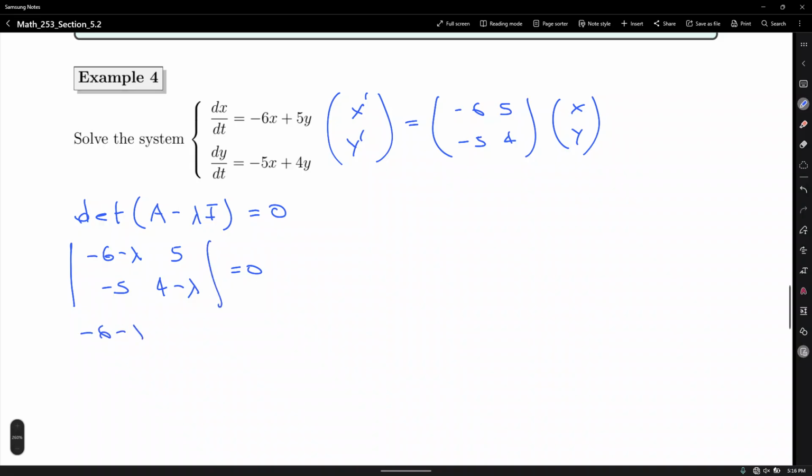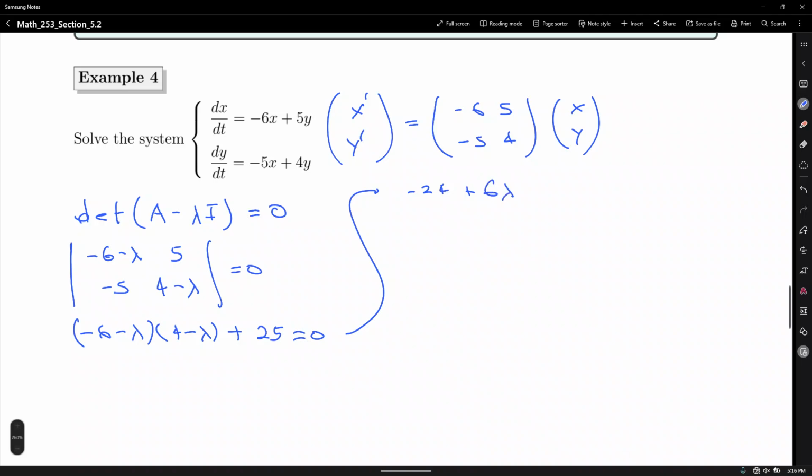Negative 6 minus lambda times 4 minus lambda, minus 5 times negative 5, which is negative 25, but actually becomes positive 25 because a negative times a negative equals positive. Set that equal to 0. And let me do negative 6 times 4, that's negative 24. Negative 6 times a negative lambda, that's plus 6 lambda.